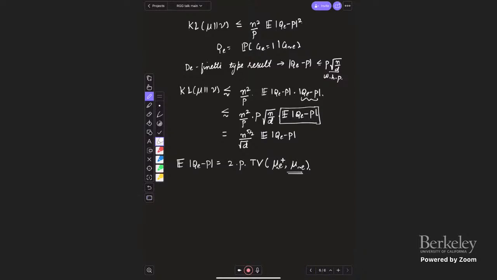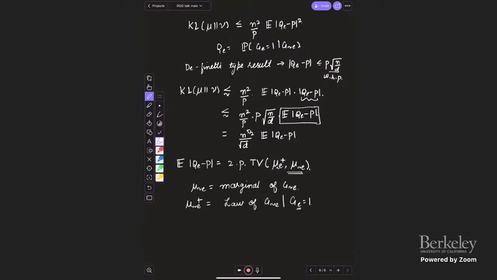We are aware of what mu tilde E is, which is the marginal distribution of G tilde E. And what is mu tilde E plus? This is the conditional law of G tilde E given G_E equals 1. In the random geometric graph, we set the edge E to exist in the graph and look at the distribution of the rest of the graph.